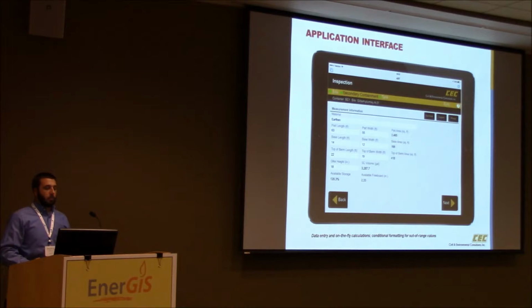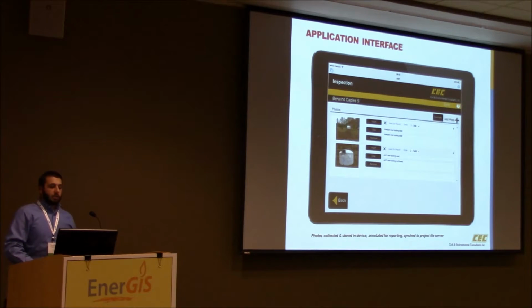These calculations were done on the fly within the application, so there wasn't any time wasted calculating volumes. It was all done in the app as we entered the data, so that made it much easier for post-inspection processing of the forms.